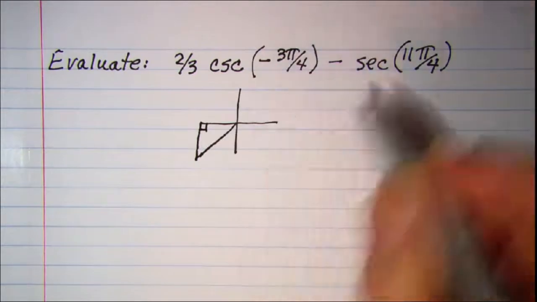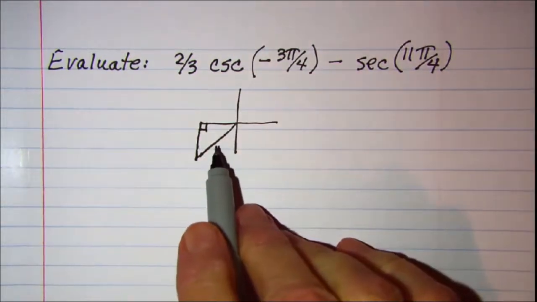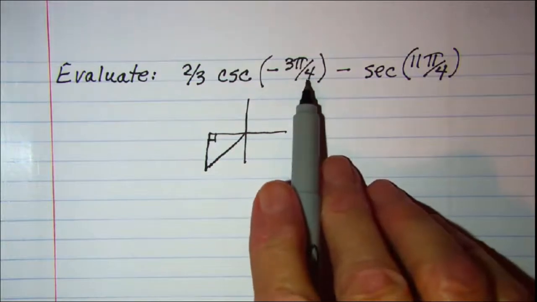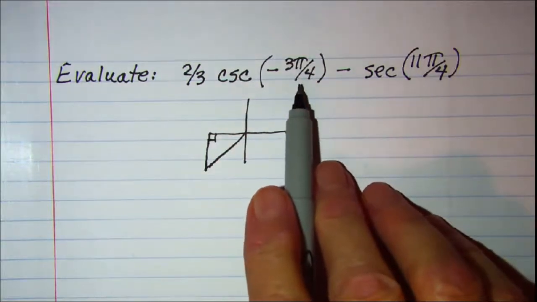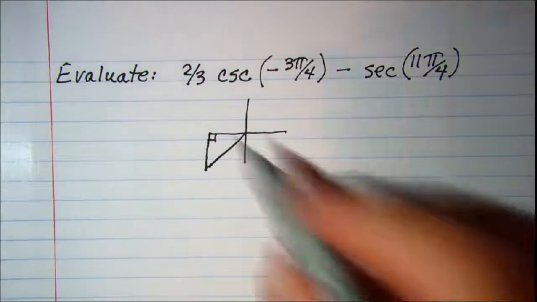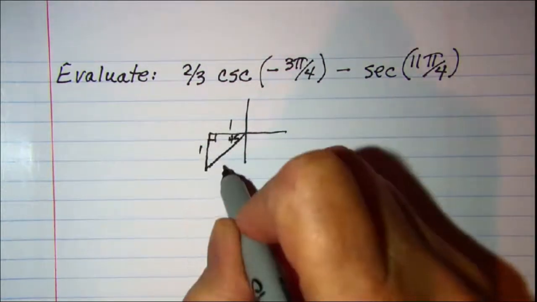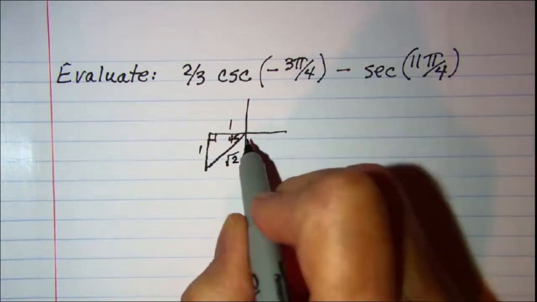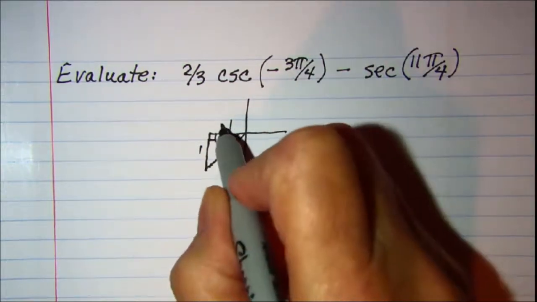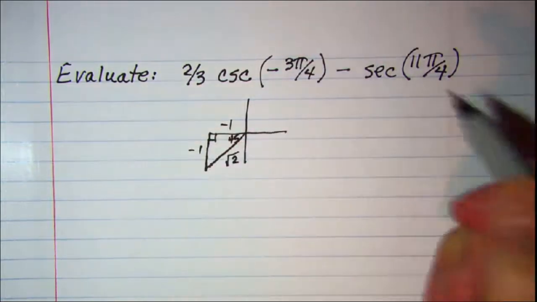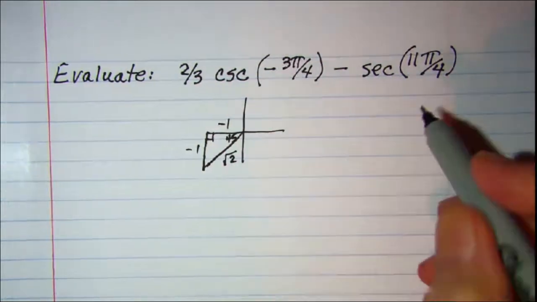So our angle is in quadrant 3. Whenever the denominator is a 4, we're dealing with a 45-degree reference angle. And so if I put my numbers in here, I have 1, 1, root 2. When it's left of the y-axis, it's negative, and when it's down below the x-axis, it's negative. So this is my reference triangle.